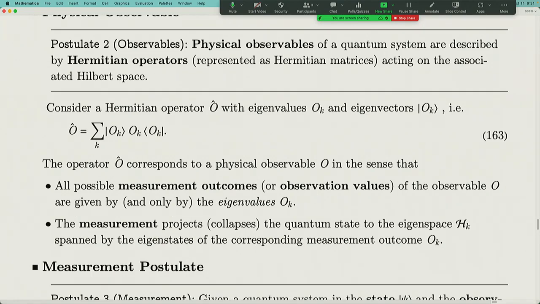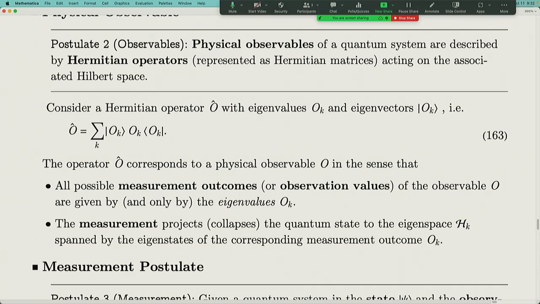That basically means that if this operator corresponds to a physical observable, all the possible measurement outcomes, or the observation values of this observable, are given by the eigenvalues. If you design an experiment to observe this observable of a quantum system, the experiment will only tell you that the observable takes a certain value, and this value can only be chosen from the eigenvalues of the corresponding operator that represents this observable.